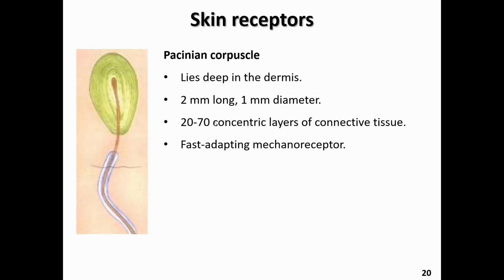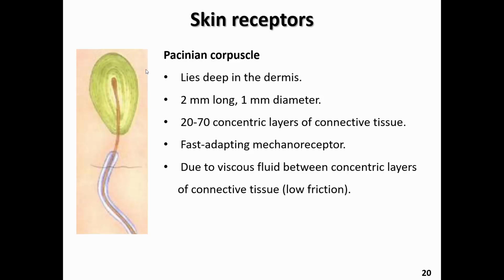And the Pacinian corpuscle is considered a fast adapting mechanoreceptor, which means that it will stop generating action potentials even with a sustained stimulus. The reason the Pacinian corpuscle is a fast adapting receptor is that there's a very thin film of fluid in between these concentric layers. And that viscous fluid will provide a low friction environment, allowing the layers to slide past each other.